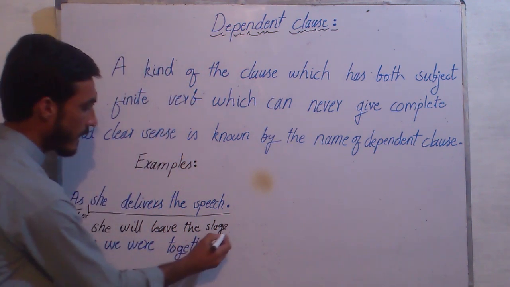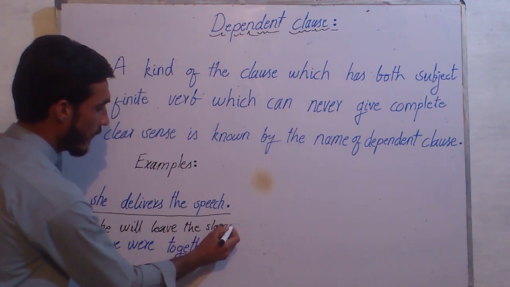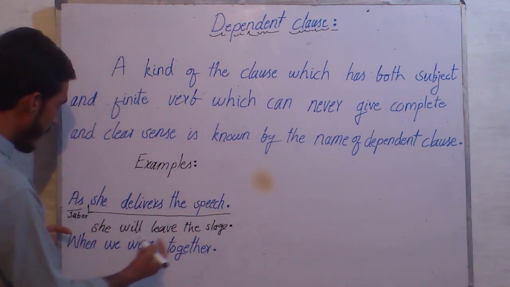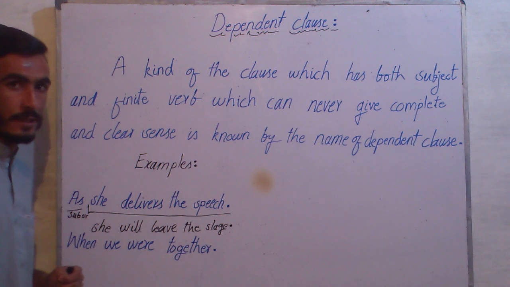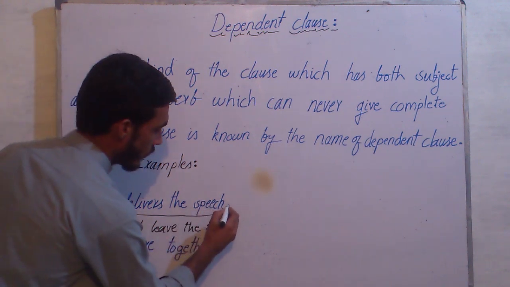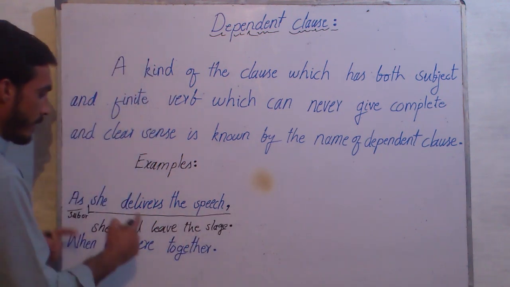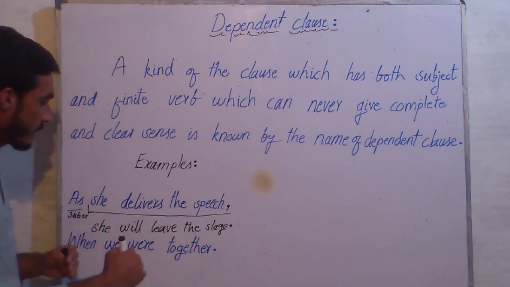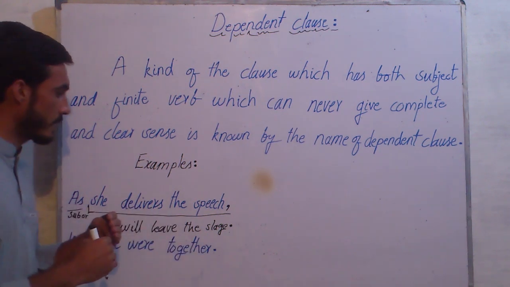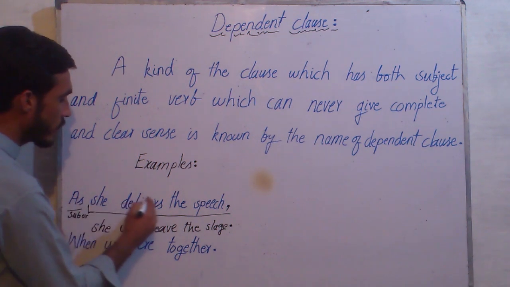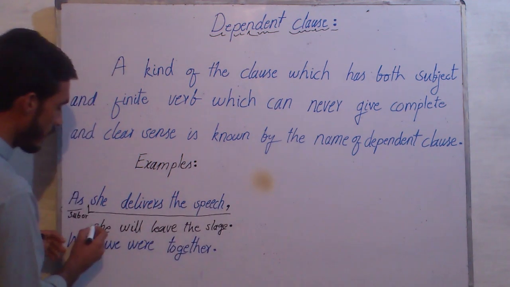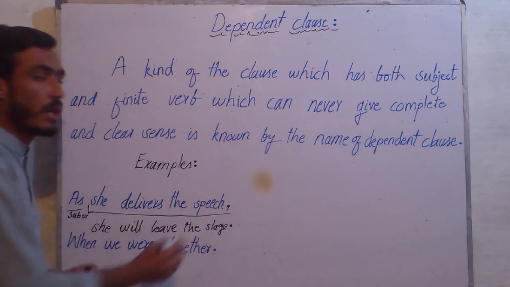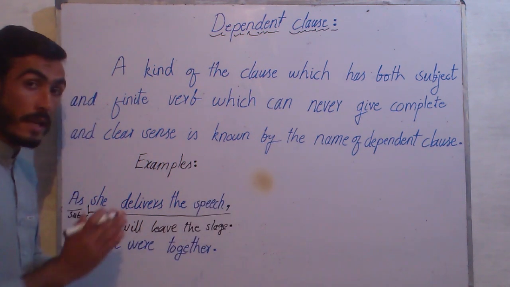Remember, in this case, when you have two clauses, a dependent clause in the starting and an independent clause in the end, then you have to put a comma between the two clauses to isolate the independent clause from the dependent clause. Like, as she delivers the speech, then comma, then she will leave the stage, then full stop in the end, and this is completed.